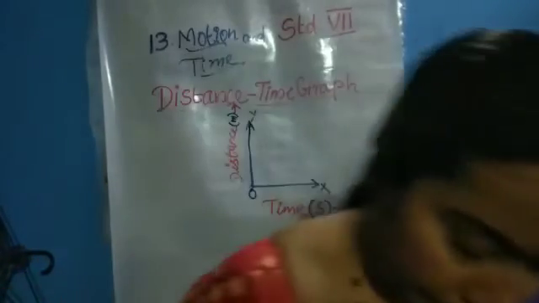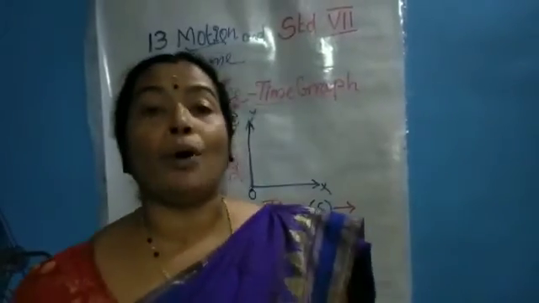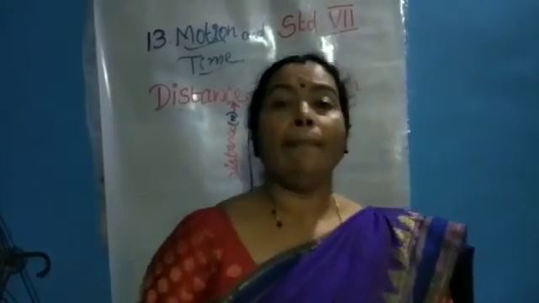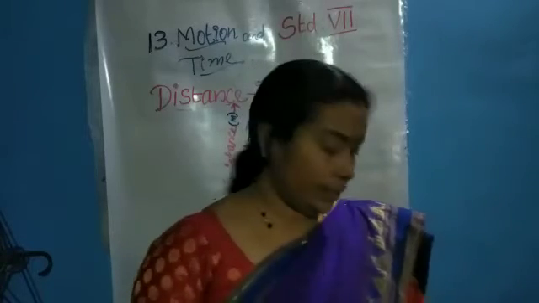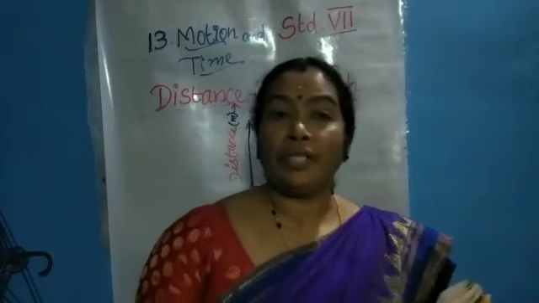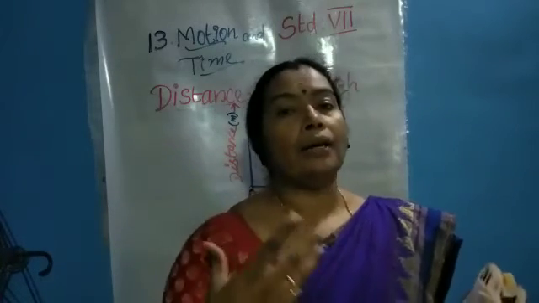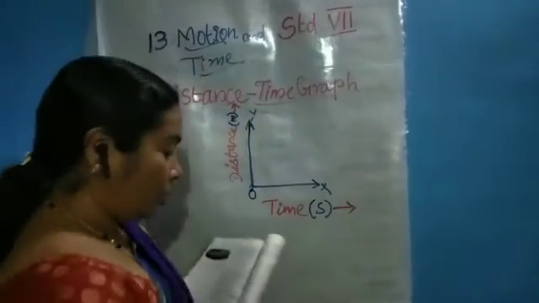In your textbook, see table 13.6, some data are given. It is an activity. Let me try to plot a graph for this data and check in what manner we get the distance-time graph.